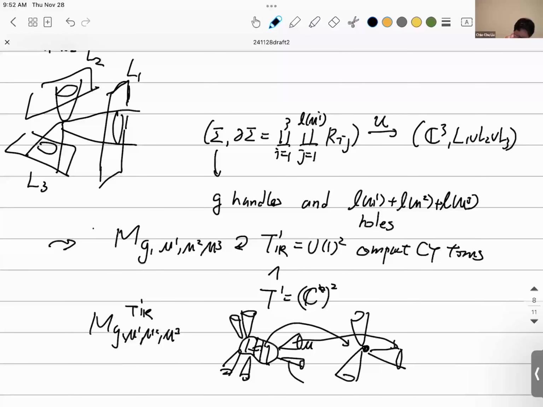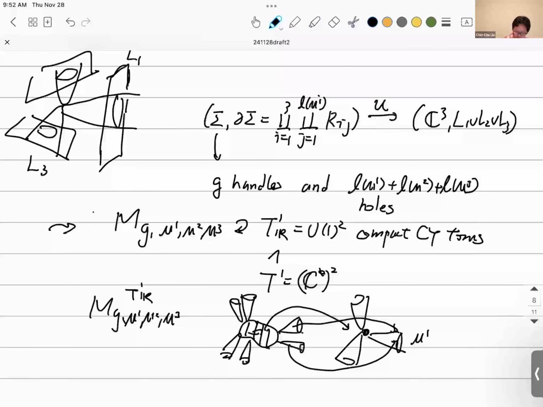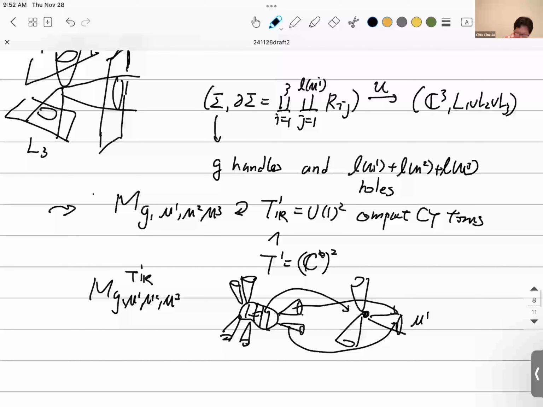The degrees give us the first partition mu1 and so on. So this is the fixed curve. You see that this moduli space can be identified, up to some finite cover, with M bar g.